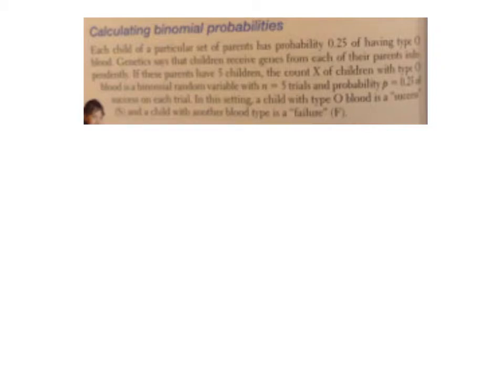So let's look at the example of the probability of x equals 0. If I want to find the probability of x equals 0, that means I'm looking for the probability that none of the children have type O blood, so that I get a failure for every single child.